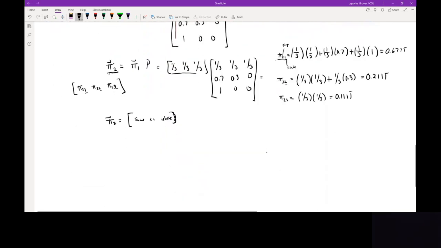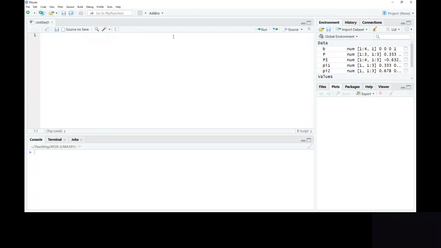All right, so obviously we're going to have to be able to do this a lot. And so let's go ahead and look at R to see how we would go about doing that. Okay, so in R, go ahead and put lesson 26 notes. And we'll let P be our matrix.